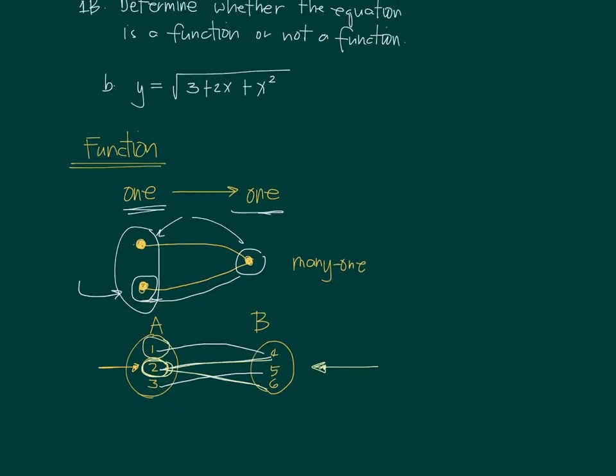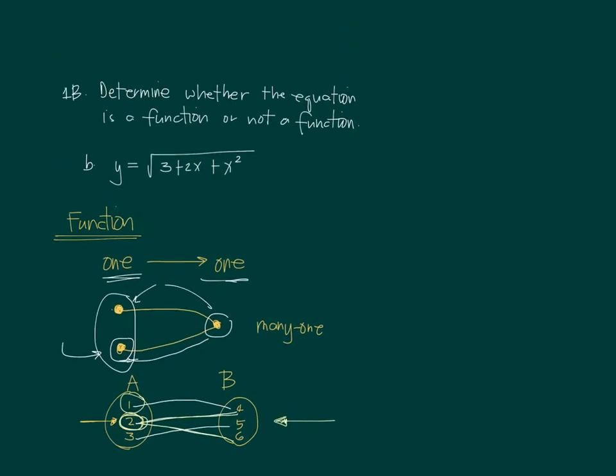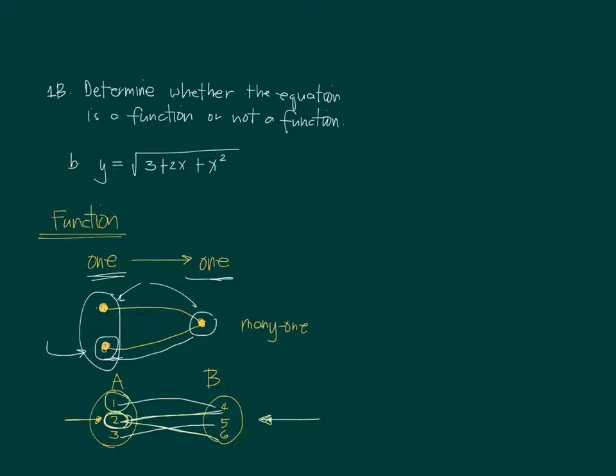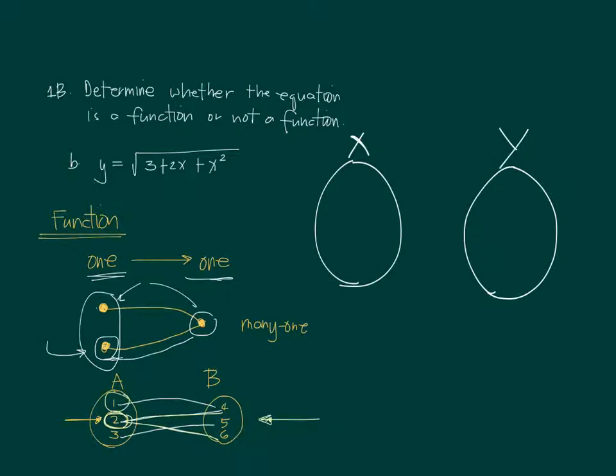Now going back to the main question, because we are dealing with equations and not diagrams, but these equations are actually just another representation of the diagrams. By convention, the first set is always the values of x, and the second set always the values of y.